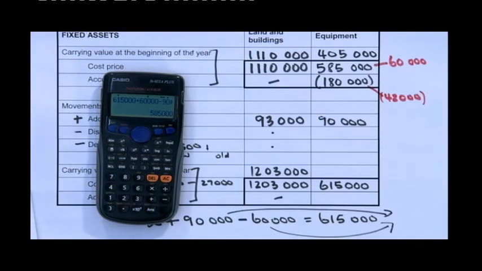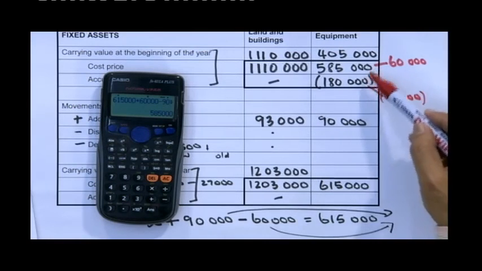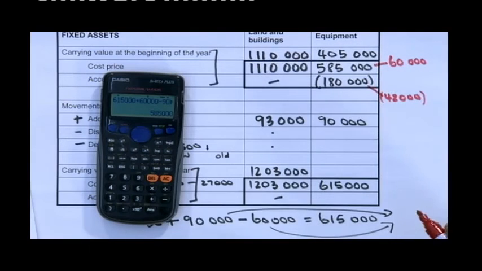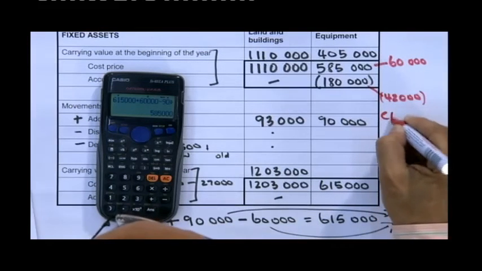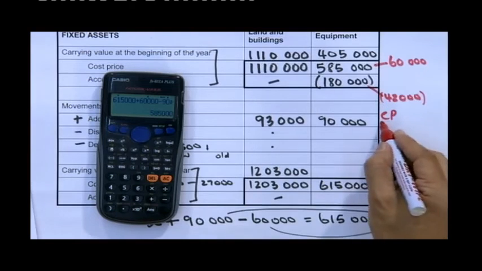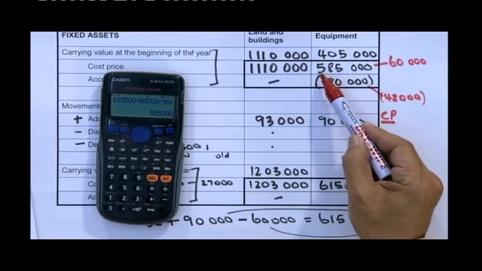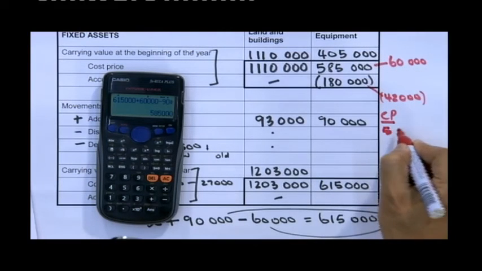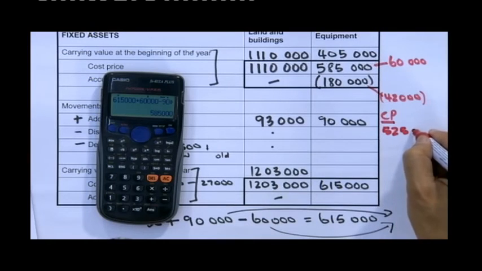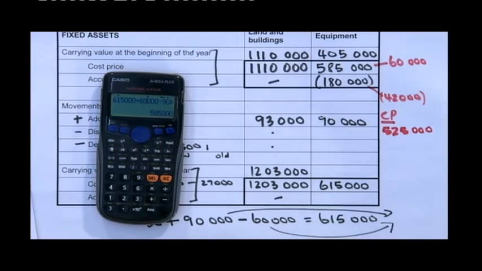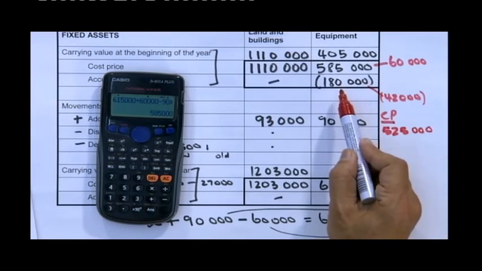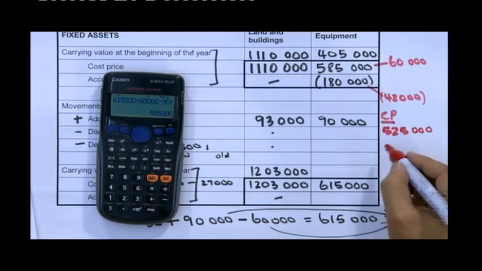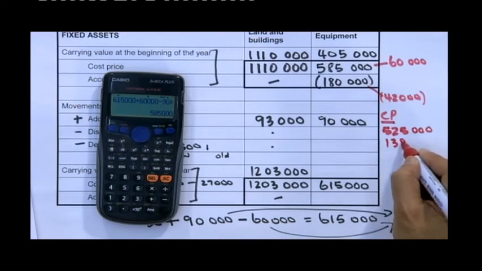So what I want to calculate, grade 11, is how much depreciation I have to write off on the old equipment that is remaining. So the cost price of the old equipment is going to be 585 minus 60, which gives me 525. And the accumulated depreciation of the old equipment is 180 minus 42, and that gives me 138.